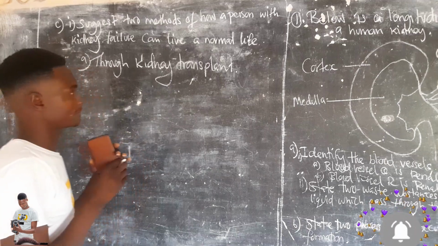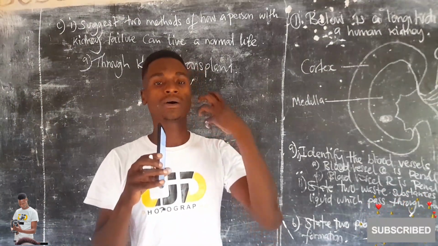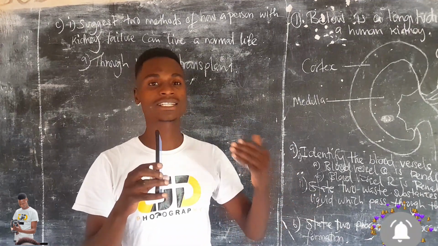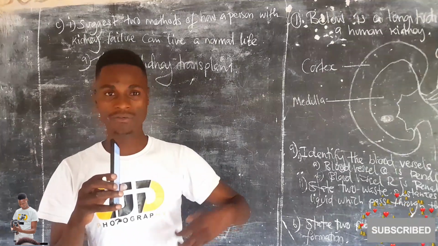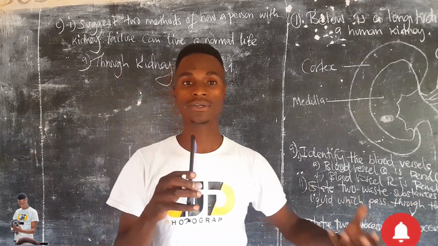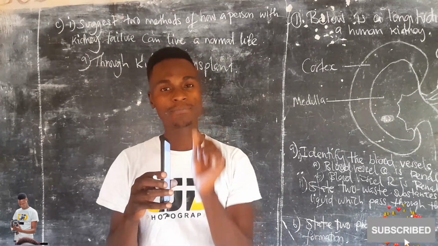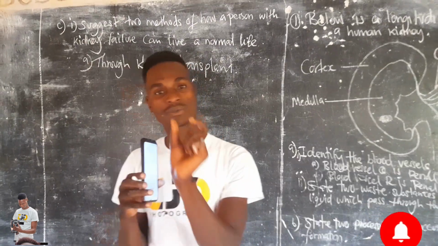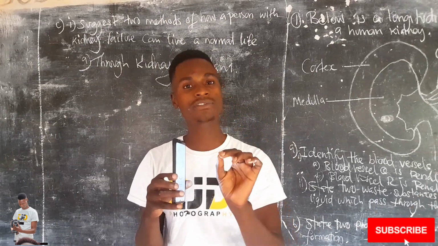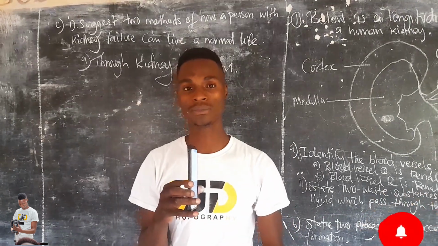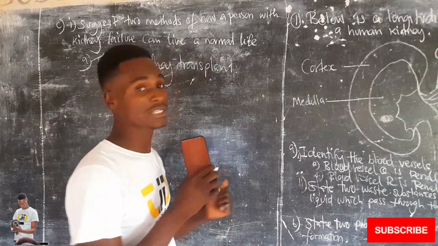Now, an organ transplant is the transfer of the kidney of one person, known as the donor, to another person, known as the recipient. But before the kidney transplant can take place, the tissues have to be compatible. You don't just get the kidney of any person.